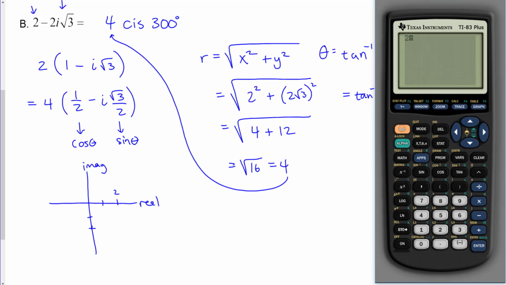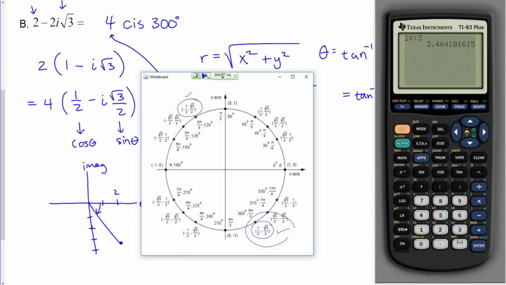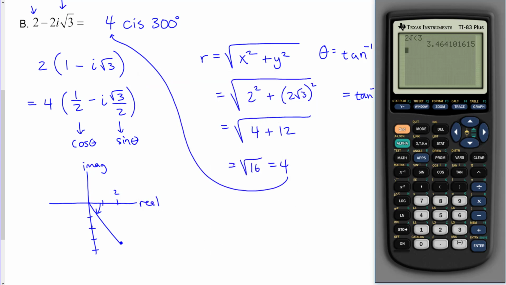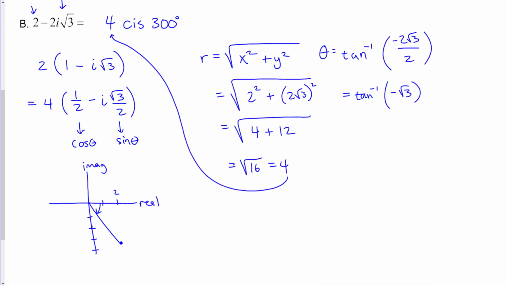All right, so 2 root 3, it's like 3.46, so about 3.5. So it would be about right here. So that angle is in quadrant 4, which means this one is my correct one. So 300 degrees. Either way, you get the same result. So I get the same result both ways, and I personally feel my first way was a lot easier.